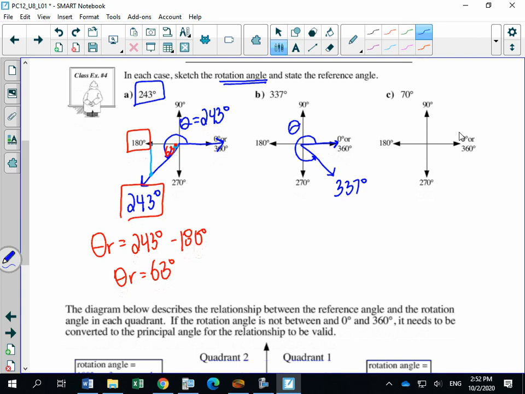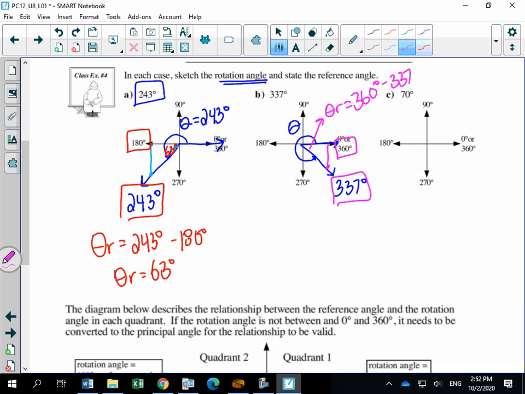In order to get my reference angle, you draw a point on your terminal arm, vertical line to your x-axis, and your reference angle will be that angle in there, which is calculated using 337 degrees and 360 degrees. So 360 degrees minus 337 degrees, theta r is going to be 23 degrees.